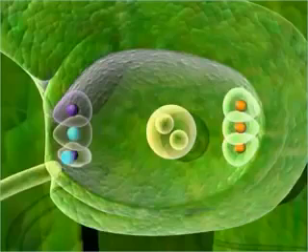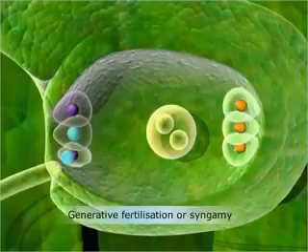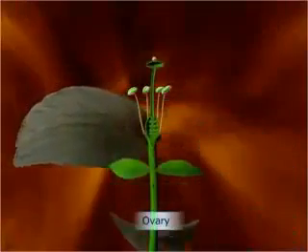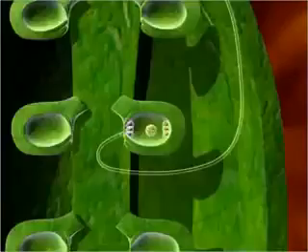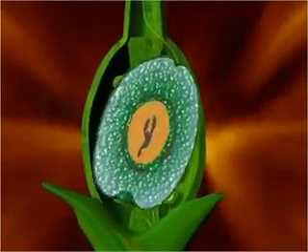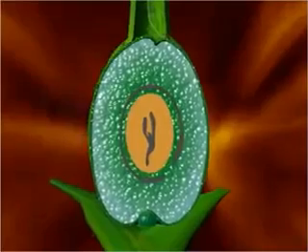This process is known as generative fertilization or syngamy. After the double fertilization, the ovary starts to swell and develops into a fruit with seeds.